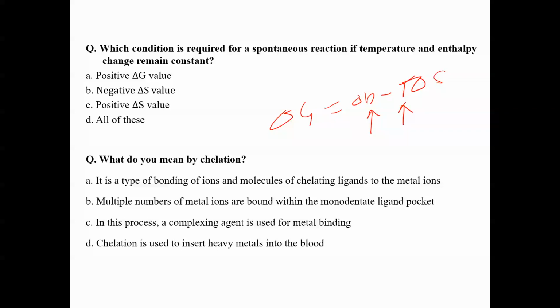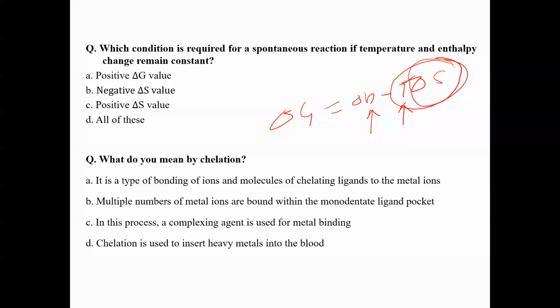Using simple mathematical calculation, you can directly get an idea: if delta S value is increasing, then overall this term will be more negative. So that's why the delta G value will be more negative, right? Okay, I will explain in the next slide.